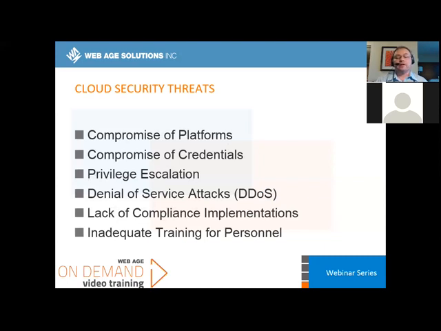Lack of compliance implementations. Now, for example, if you're using specific compliance best practices, for example, if your company is a medical-based, healthcare-based organization, they probably have the Healthcare Act called HIPAA that they have to abide by when it comes to information management.